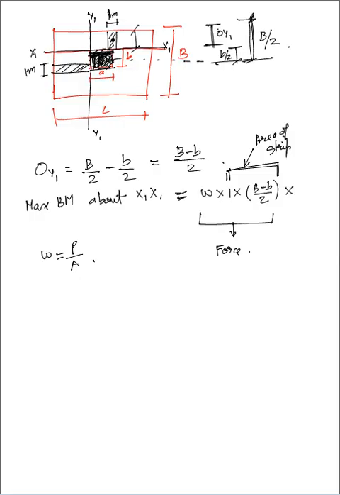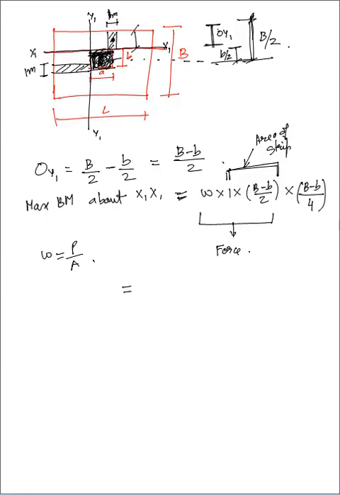So the centroid is half of OY1. What is OY1? OY1 is (B minus b by 2) divided by 2. So it will be (B minus b) divided by 2 and again divided by 2, which is 4.